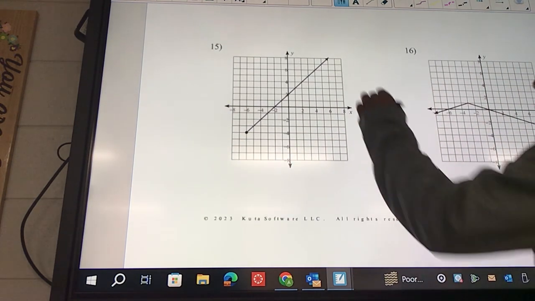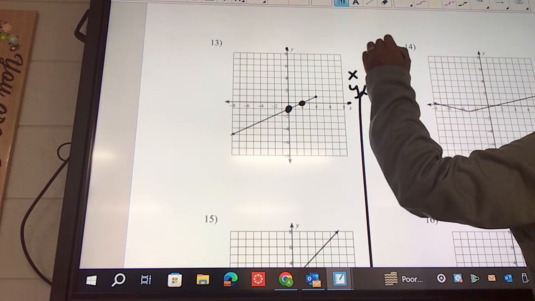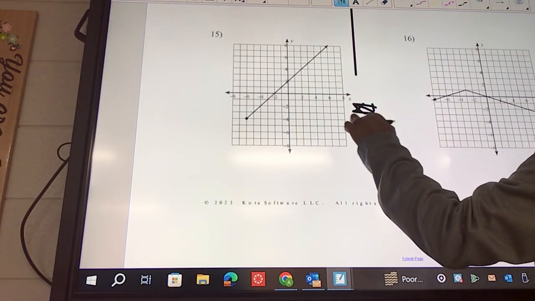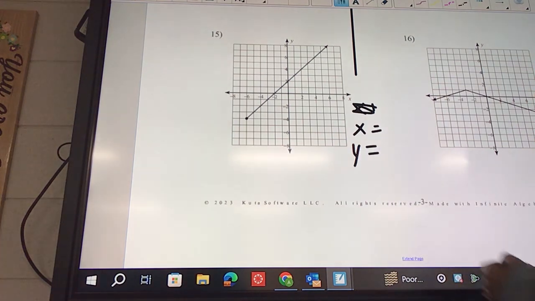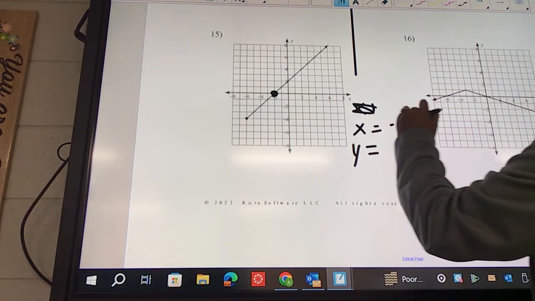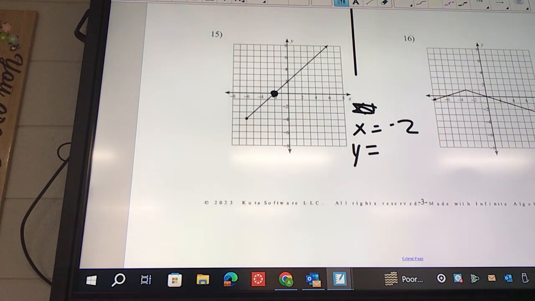Okay, 15. Where does it touch the x line? Or does it? At -2. Where does it touch the y line?